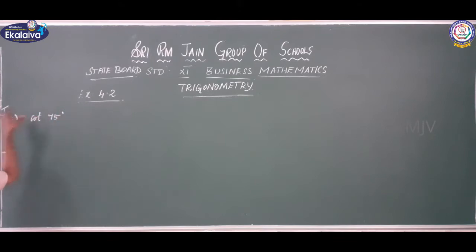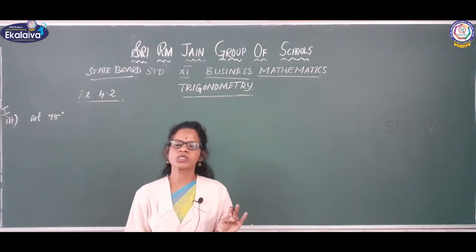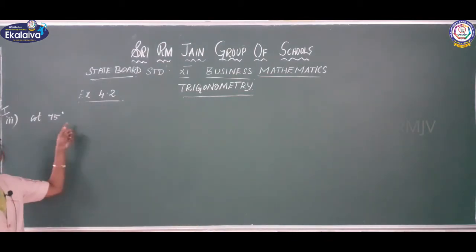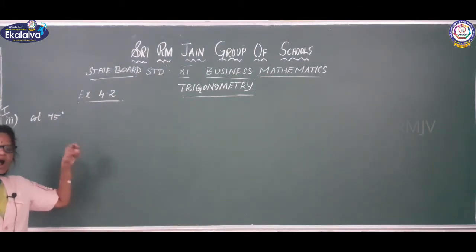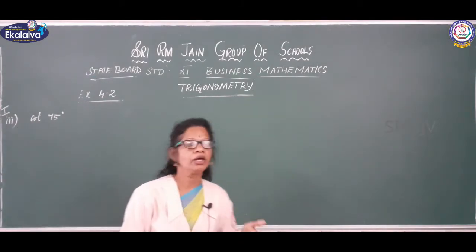Exercise 4.2, first subdivision, third sum. What are the formulas you know? Sum and difference of the sine, cosine and tangent only. But here the given is cot 75 degree. Cot 75 degree, how come you write it in terms of tan? Right?